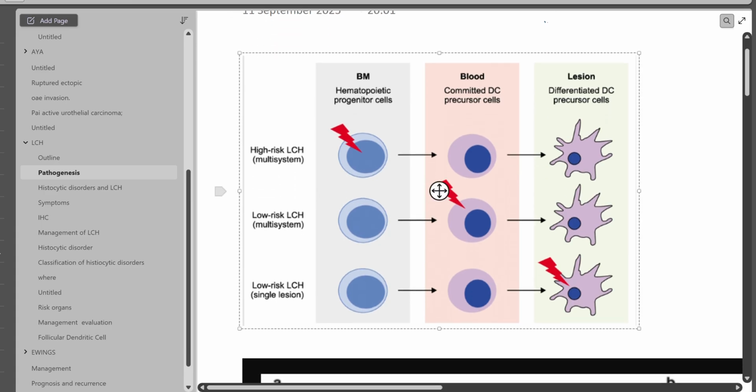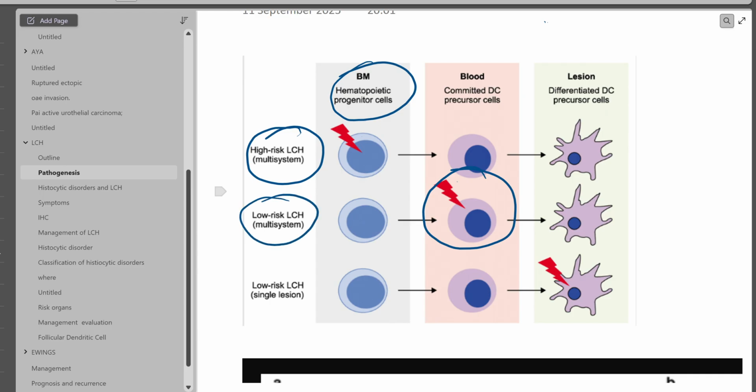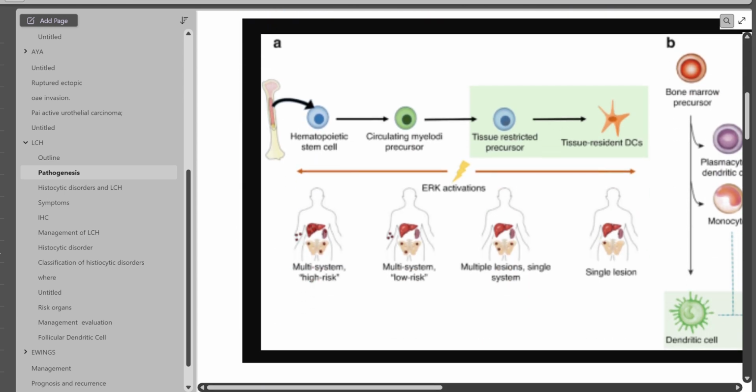If the proliferation happens in the bone marrow stage, then you're talking of a high risk Langerhans cell histiocytosis, which is a multi-system disease. If the clonal proliferation happens in the blood, it would be multi-system disease, but low risk. And if the dendritic cell starts proliferating inside the target tissue, it is a low risk Langerhans cell histiocytosis, which would be a single lesion disease.